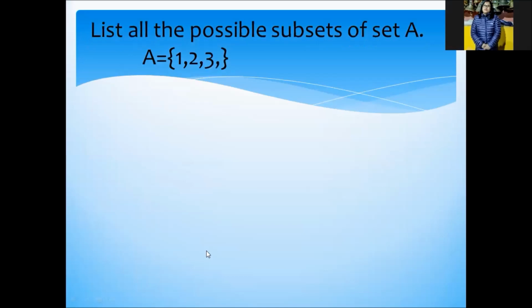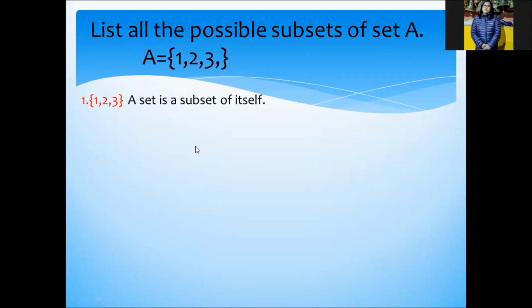let's go through this example. Okay, list all the possible subsets of set A. Here the given set A is 1, 2, 3. How many subsets can you write over here? Okay, let's see. Okay, {1}, {2}, {3}, {1, 2}, {2, 3}, {1, 3}, and {1, 2, 3}.